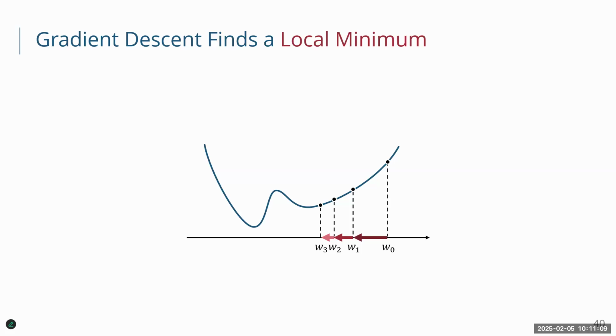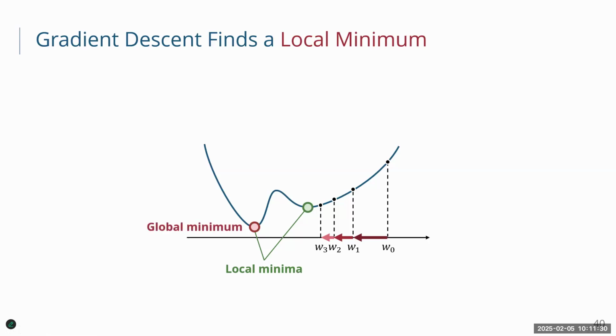So the key issue of gradient descent is that it only finds a local minimum. We talked about that ideal case where there's just one minimum. But now if you look at this example, gradient descent will lead you to somewhere stuck in this local minimum on the right.